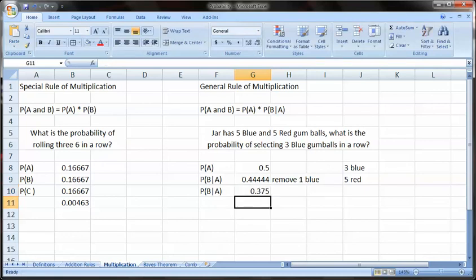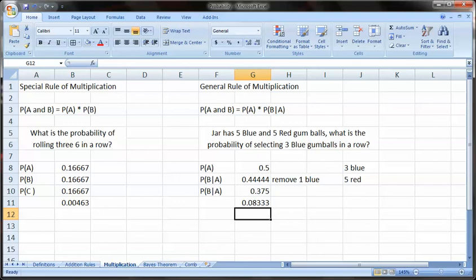So every time we select a blue, it becomes more and more difficult to get one at random, or the odds become smaller and smaller. And so the probability of selecting 3 blues in a row becomes this times this times this one, for a grand total of 0.8, or 8% chance of getting 3 blue gumballs in a row when you have 5 blue and 5 red gumballs. Okay.